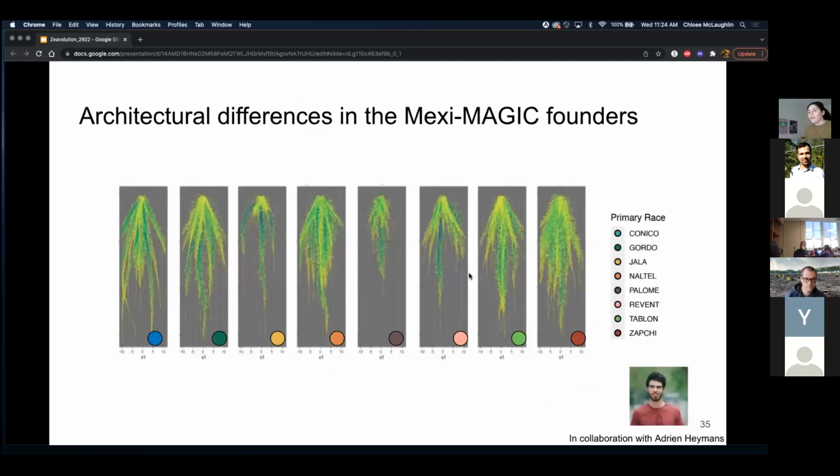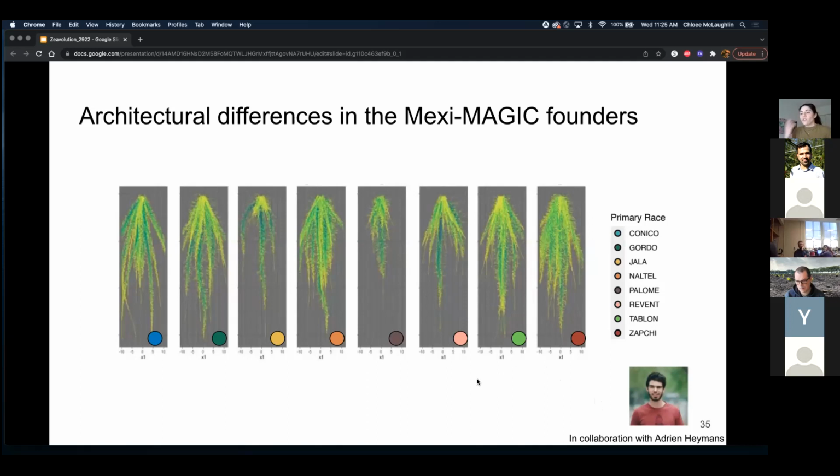And then, of course, anatomy is in the context of different architectures, both root and shoot. And we recover that our 8 MAGIC parents actually have very different simulated architectures after day 28. This was done in collaboration with Adrian Heymans, who I mentioned earlier did the KR modeling and found that root cross-section size and stele proportion is highly related to that KR value.